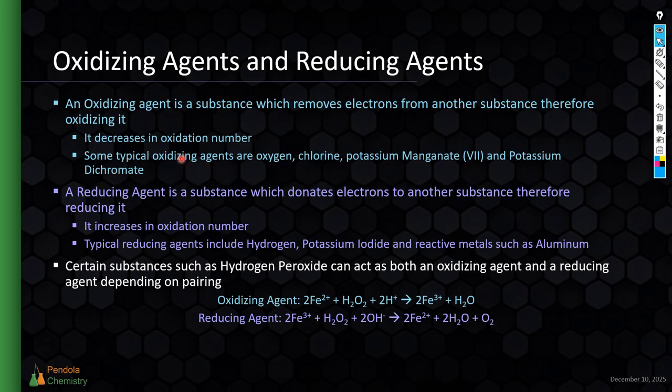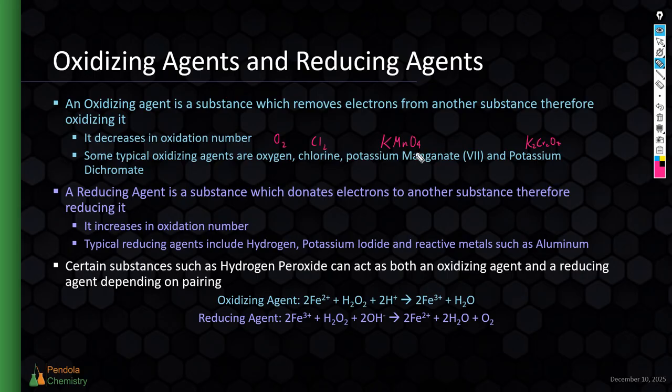Again, some typical oxidizing agents that you should automatically flag when you see them in a reaction are oxygen, chlorine, potassium permanganate, which, if we remember our nomenclature, is KMnO4. Oxygen and chlorine are O2 and Cl2, as well as potassium dichromate, which is K2Cr2O7.